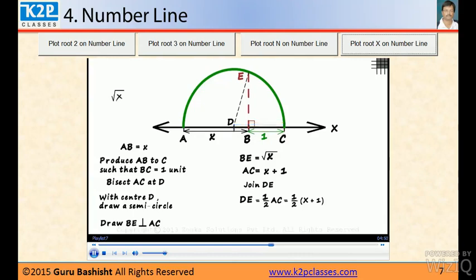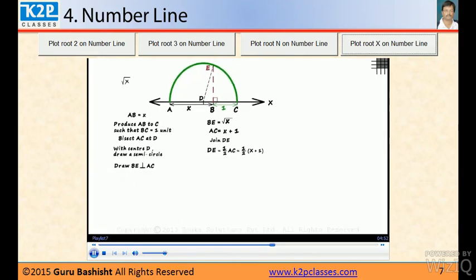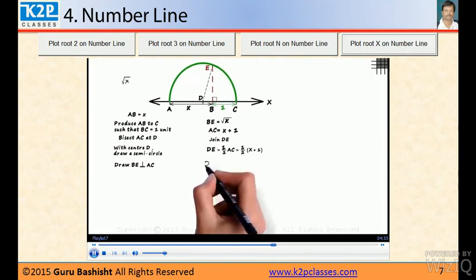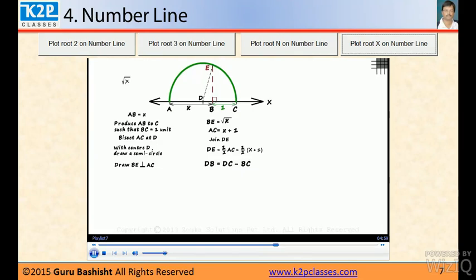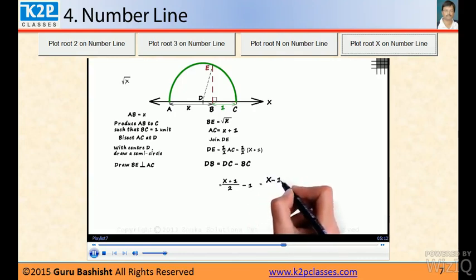The proof is a little long, so let's zoom out a bit. We can say that DB is equal to DC minus BC. We know that the length of DC is equal to the length of DE, which equals x plus 1 by 2. And the length of BC is equal to 1 unit. Solving this, we get the length of DB equal to x minus 1 by 2.